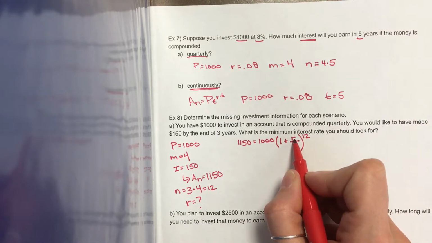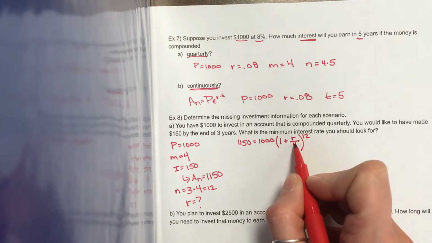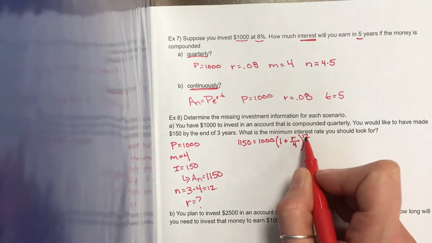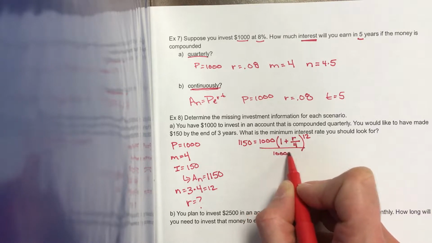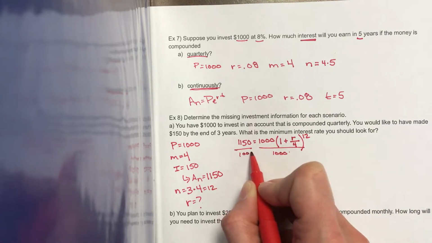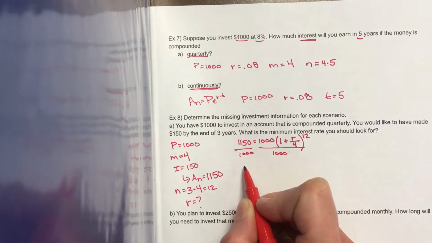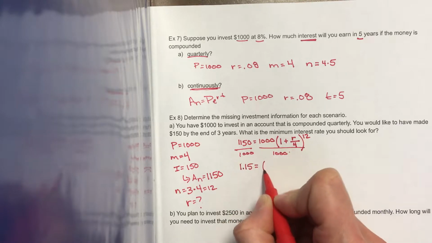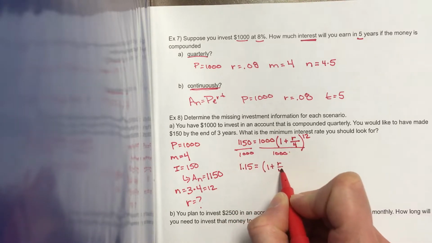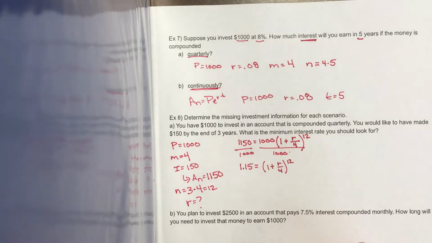In order to get r by itself, I have to get inside this set of parentheses, which has an exponent. In order to do that, I first need to get this coefficient out of the way. So I'm going to divide both sides by 1,000, and I get 1.15 equals 1 plus r over 4 to the 12th.